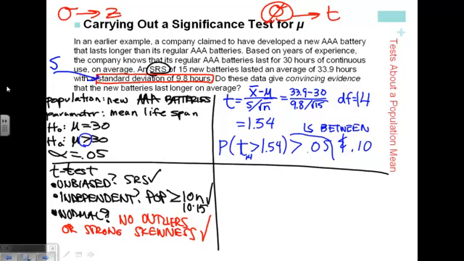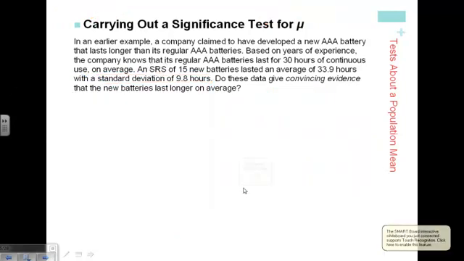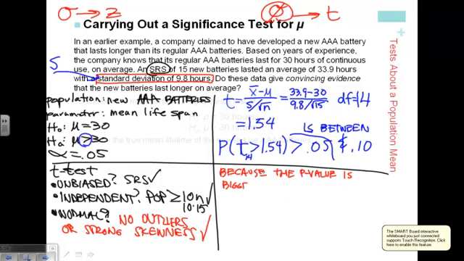We may now say, because the p-value is bigger than, sorry, what's the mantra?